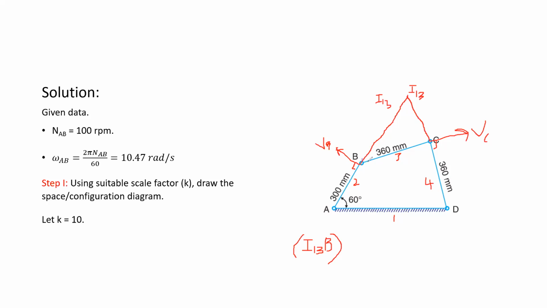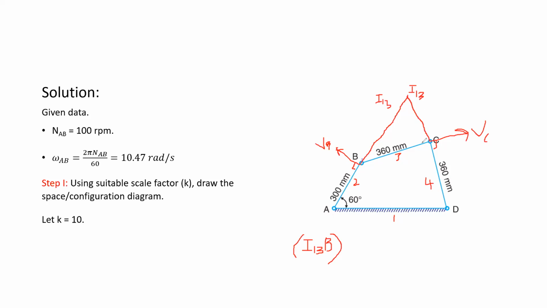Initially, if you don't know whether I13 will be here or on the downward side, you can also extend on the downward side. But from experience I know that it will come on the upside.